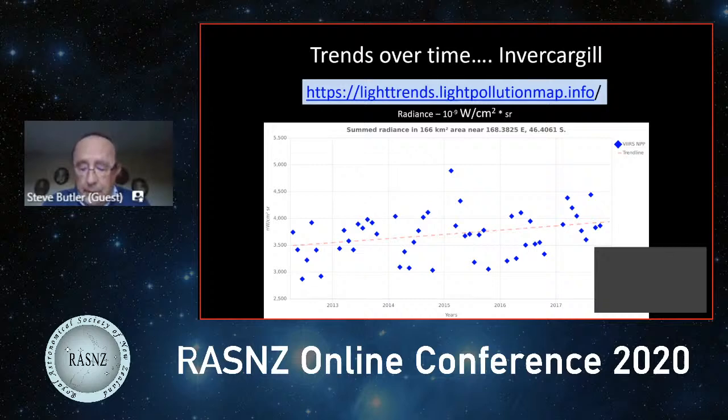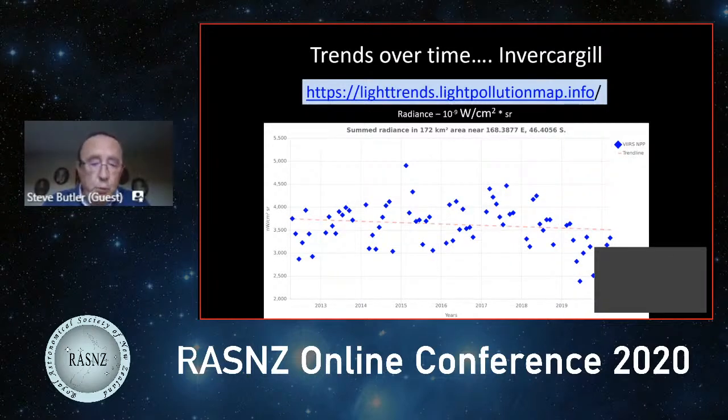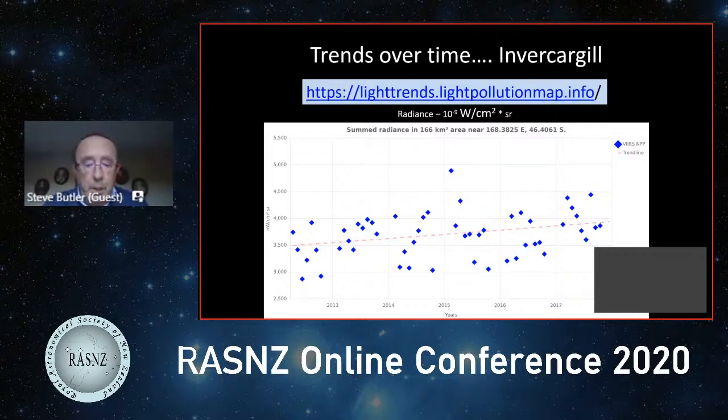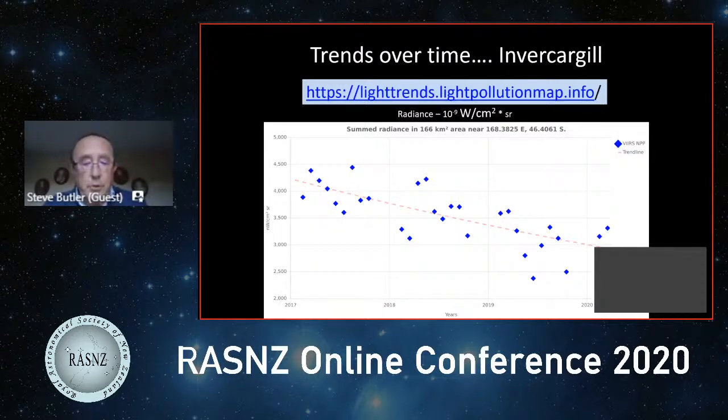So what I've done, if I just go back, that's the full trend from 2012 to 2020. I've broken that down to 2012 through to 2018, and it's a pretty solid upward trend in light or radiance off Invercargill. But if we look at 2017 to 2020, there's a very strong downward trend.